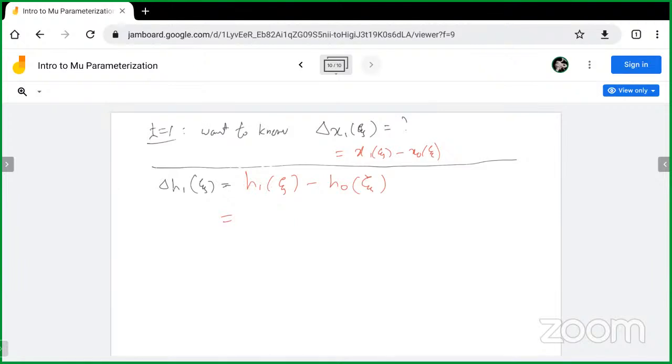Let me also write down the gradient descent. I think that will be useful. That's how you will figure this out. So how does your capital U and capital V change?